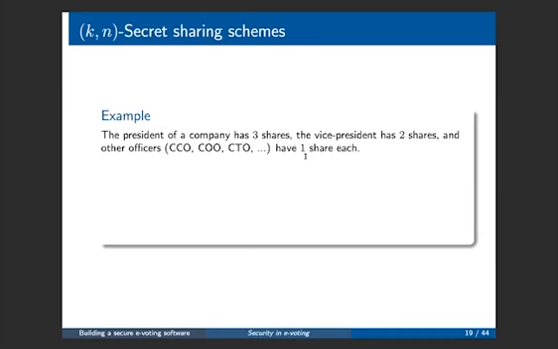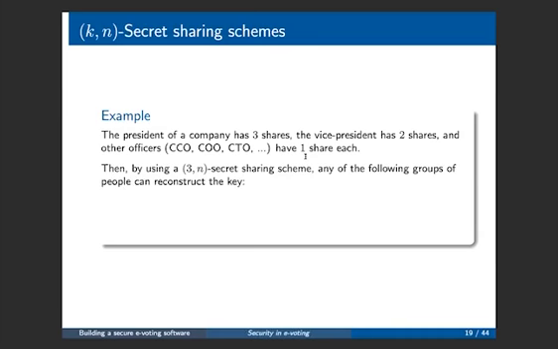Now, given this distribution, if we use a 3-n secret sharing scheme where 3 is the threshold, any of the following groups will be able to reconstruct the key. It can either be just the president on its own, the vice president together with any other officer, or any 3 officers. So it's a way of distributing the power of this key, who is going to be allowed to reconstruct the key.